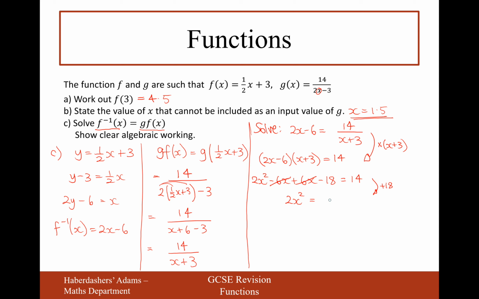So 14 plus 18 gives me 32. Then I'll half both sides to get 16. So now I've got x squared equals 16. So therefore the answer could be 4 or minus 4, because when you square minus 4, you get 16 as well. So you get two answers here, 4 and minus 4.